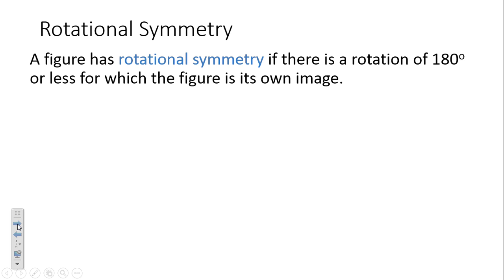So you rotate it 180 degrees or less and you get the image back, that's called rotational symmetry. Okay, so a figure has rotational symmetry if we can rotate it 180 degrees or less and you get the figure back.